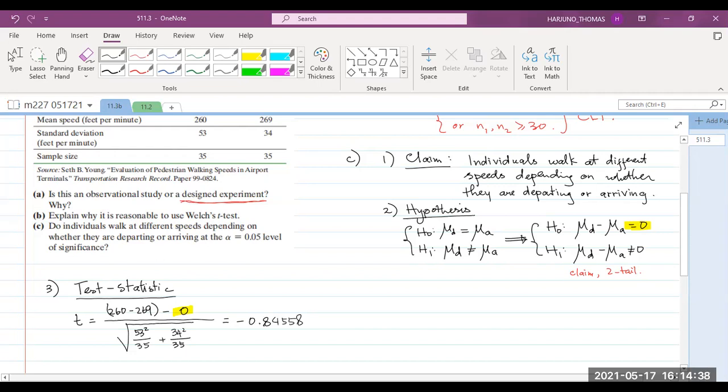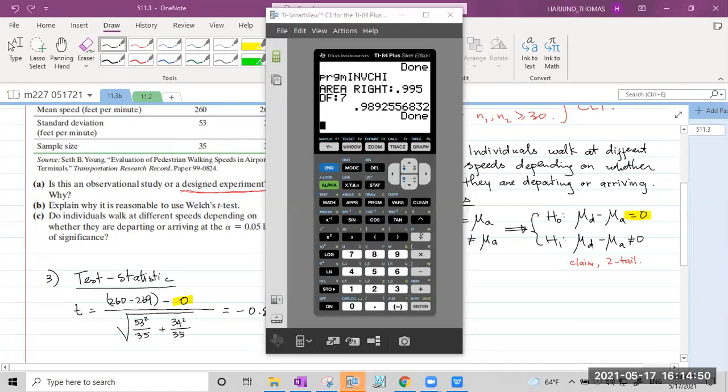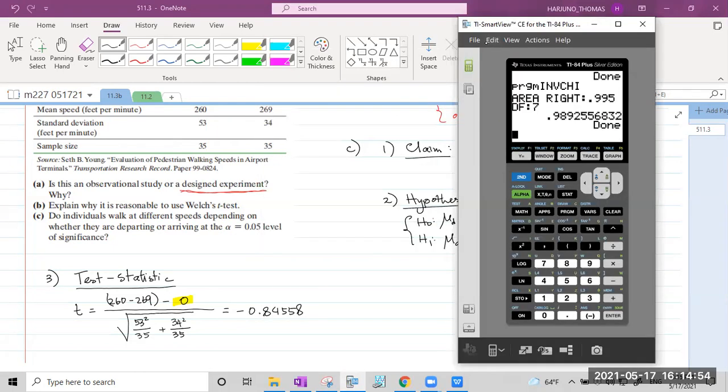Let me show you how to use your calculator just to make sure. You need to know how to do this, because it would be the silliest case: you know what to do, but you don't know how to use your calculator.